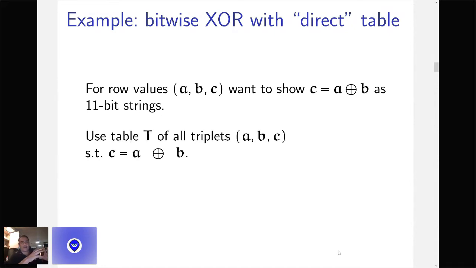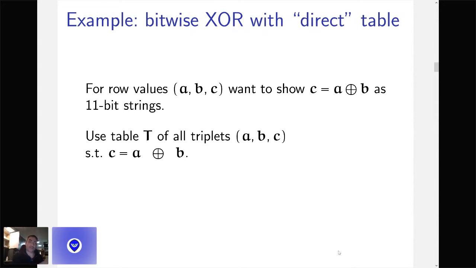So the direct way of using the lookup table approach for bitwise XOR is, let's compute a table of all triplets A, B, C such that A, B, C are all field elements corresponding to 11-bit strings, and C is the bitwise XOR of A and B. And as I alluded to, the important question is, what is the size of the table?